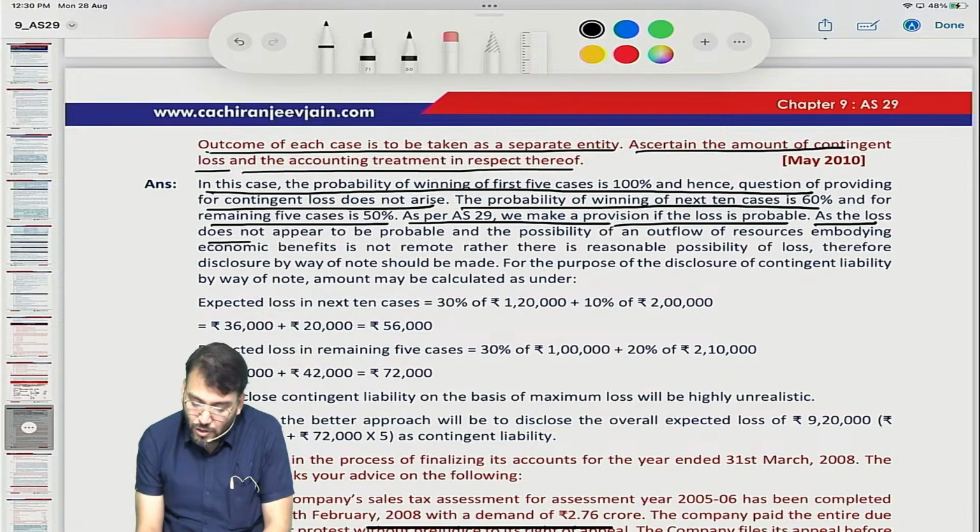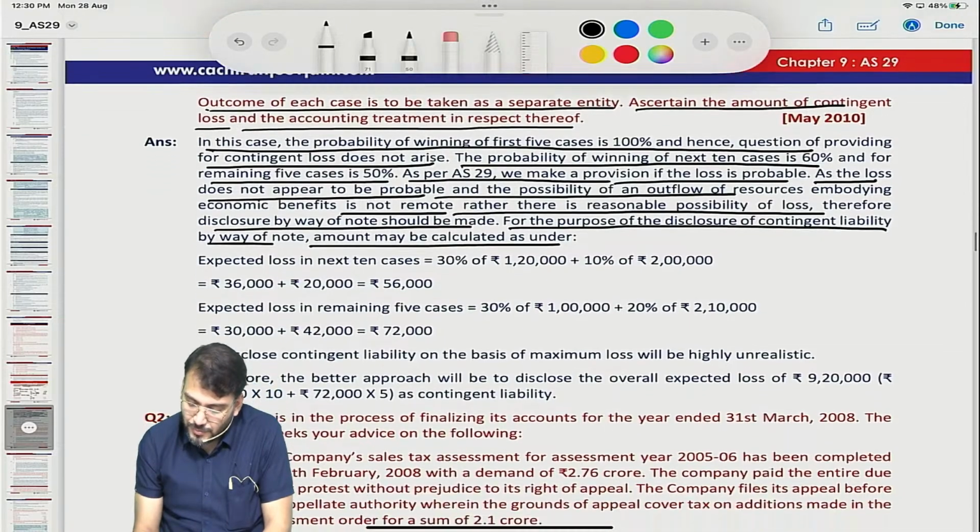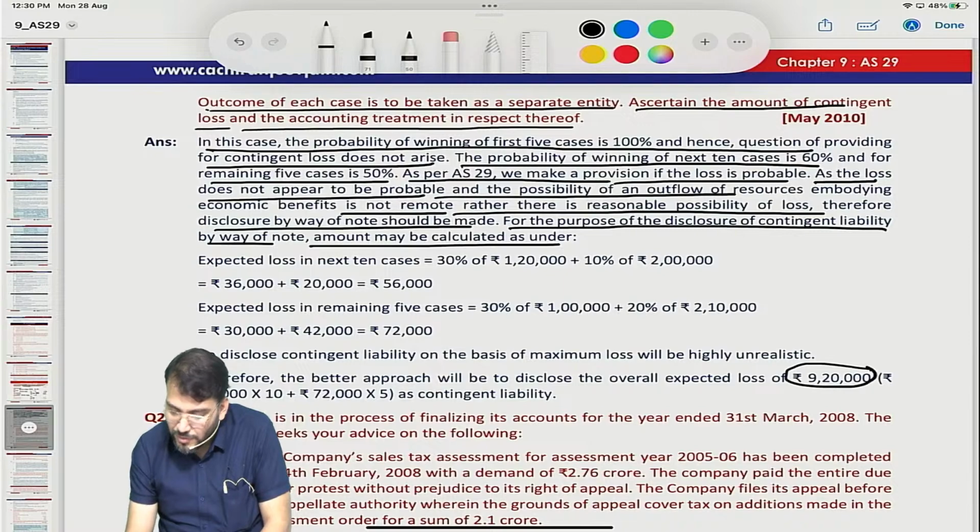As the loss does not appear to be probable and the possibility of outflow of resource is not remote, rather the reasonable possibility of loss, therefore disclosure by way of note should be made. For this purpose, disclosure of contingent liability by way of note amount may be calculated as under. They have also calculated the same amount and their answer is also 9,20,000.